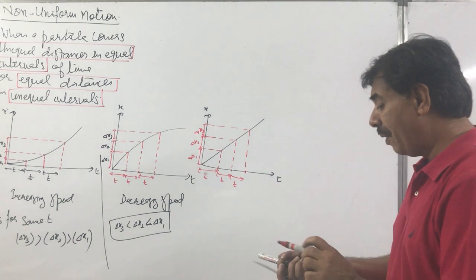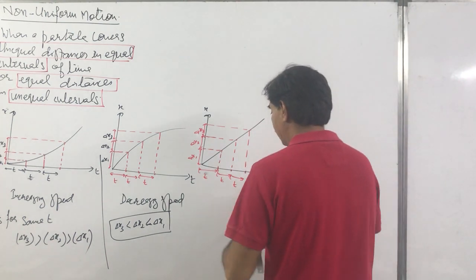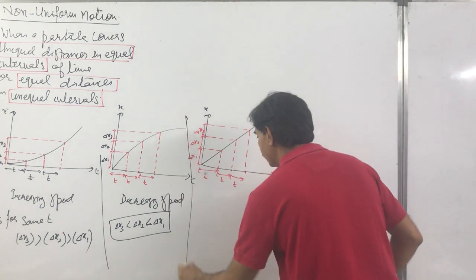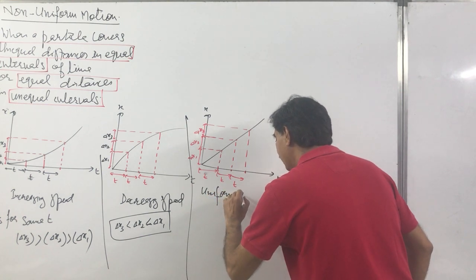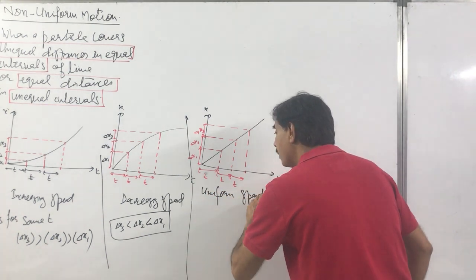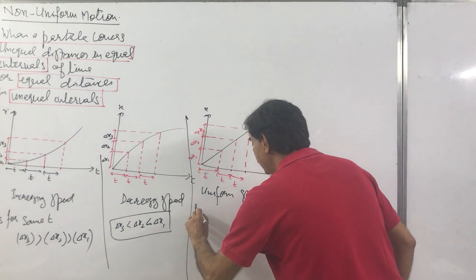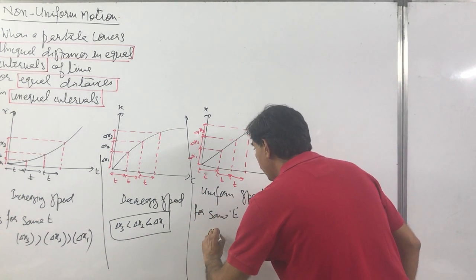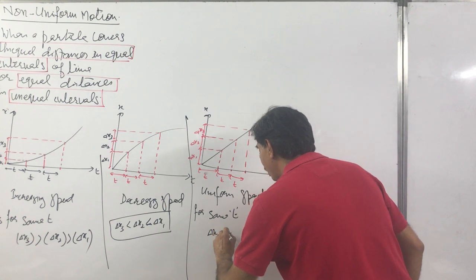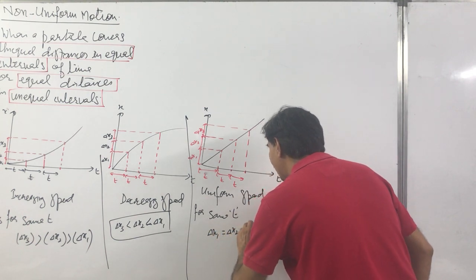So this is uniform motion. I've come back from where I started. Uniform speed. क्योंकि for same t, delta x1 is equal to delta x2 is equal to delta x3.